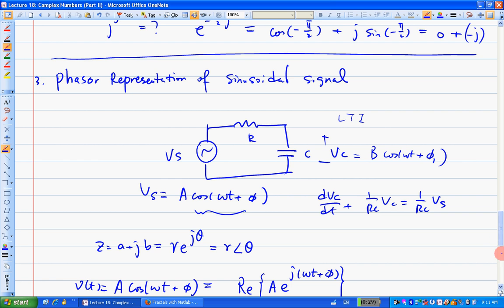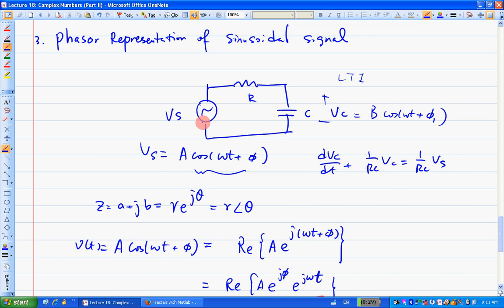This is important for any linear system: when you inject it with a certain sinusoidal frequency, what comes out is another sinusoidal signal, but with a different amplitude and different phase.